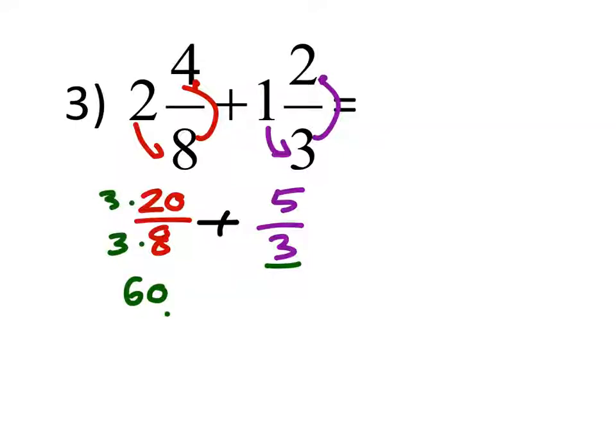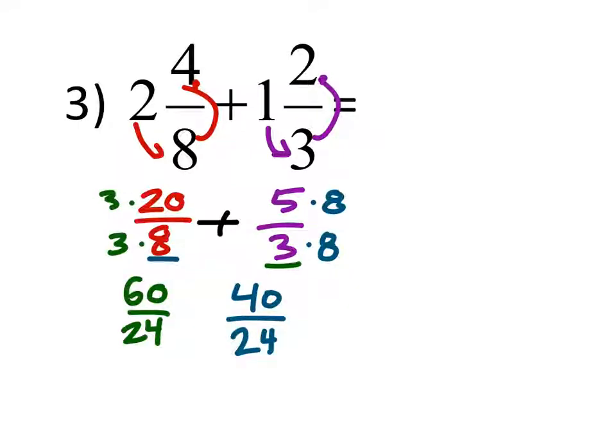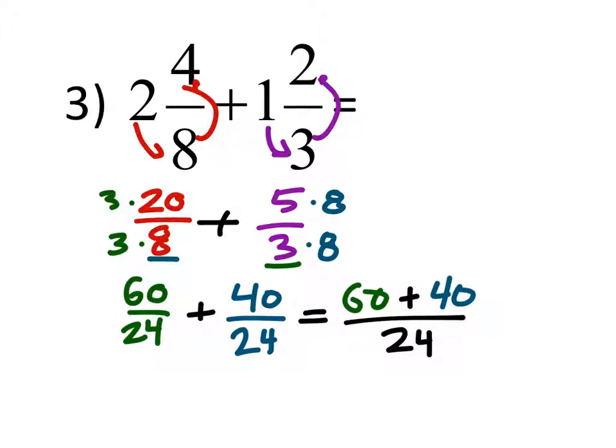So I got 60/24ths. And then I'm going to take the 8 and multiply it into this other fraction. 5 times 8 is 40. 3 times 8, 24. So that gives us automatic common denominators of 24ths.